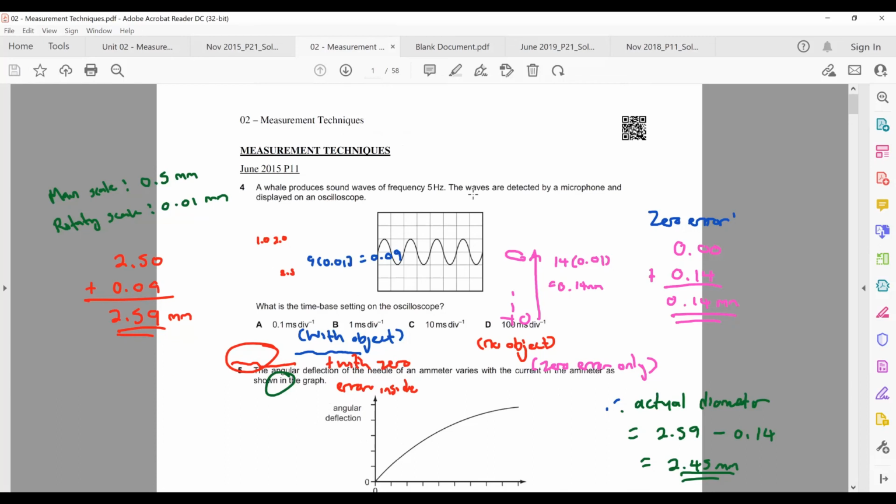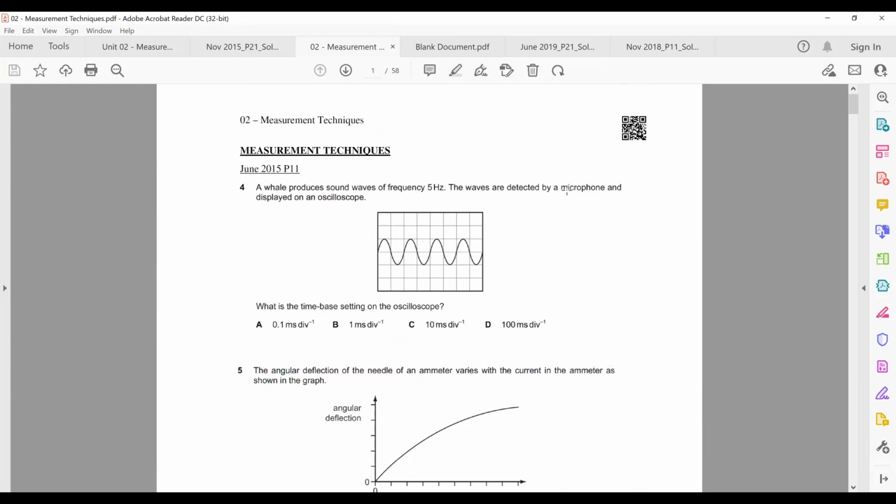Or page 1, question 4. Yeah, page 1, question 4. This one is the first question on your first page. This one is as easy as it can get. All right. Page 1, question 4.